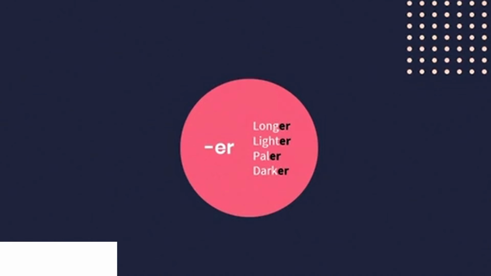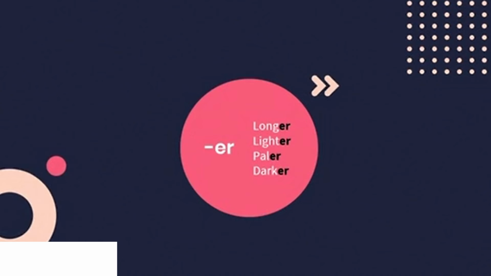We've added the letters ER, and this is usually the defining feature of the comparative form, though there are exceptions which we will talk about later in this lesson. But generally, the letters ER are added to the end of an adjective in comparative form, like in longer, lighter, paler, and darker.